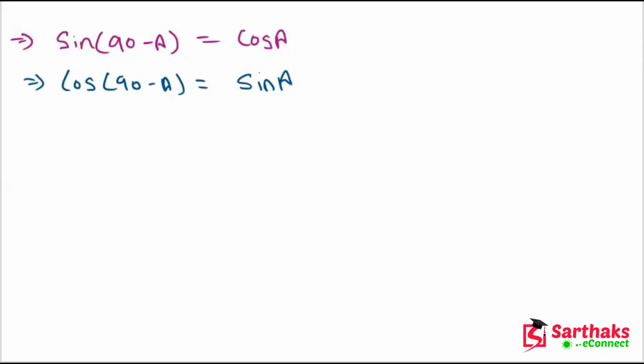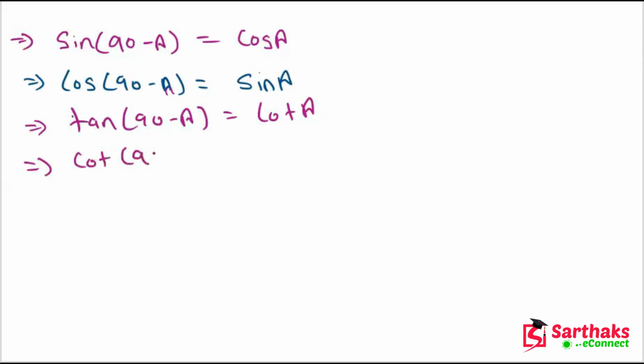So sin 90 minus A, the complement, is equal to cos A. Cos 90 minus A is equal to sin A. Similarly, tan 90 minus A is equal to cot A, and cot 90 minus A is equal to tan A.